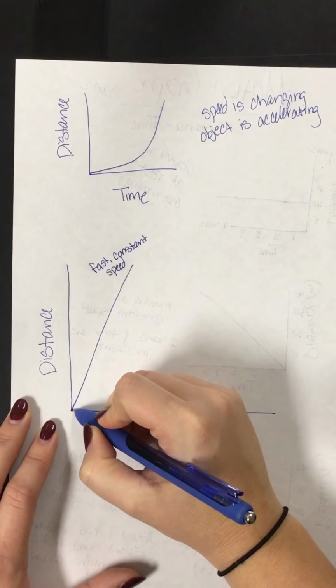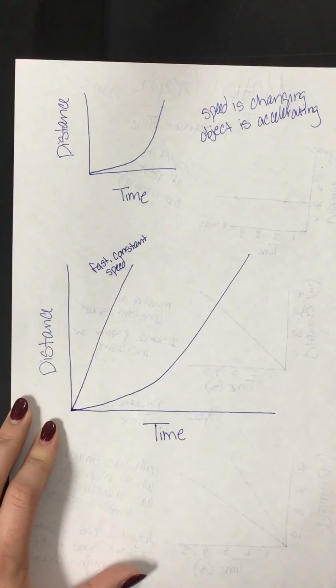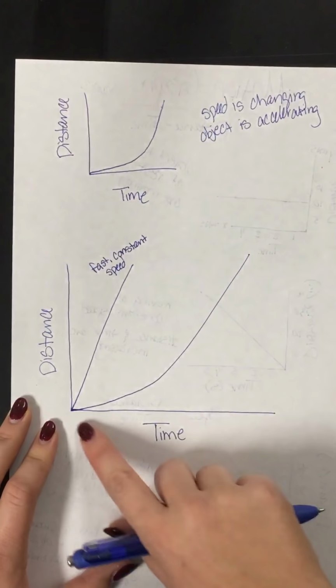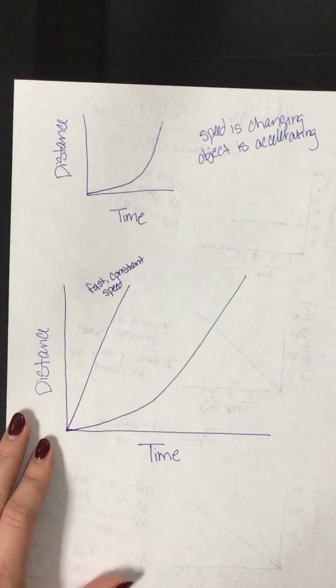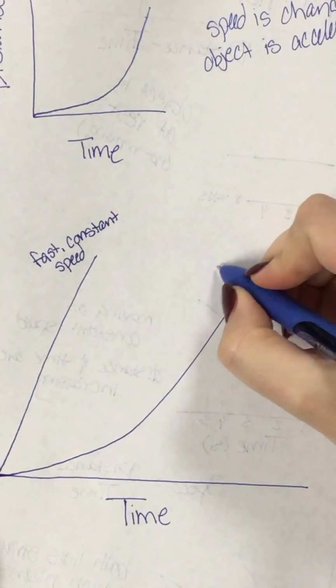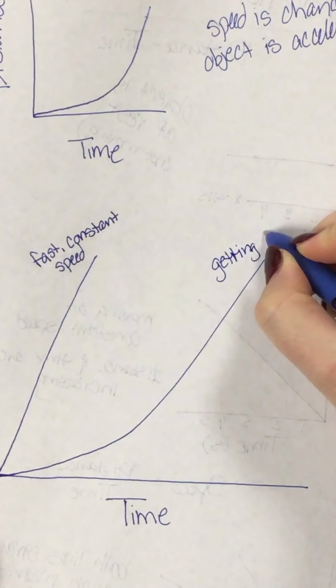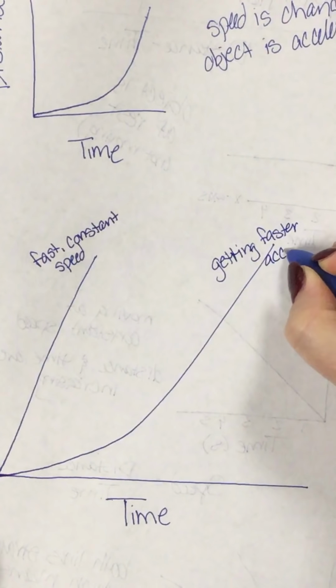Then let's add a curved line. So we remember that a straight line means constant. A curved line, like what we just looked at, shows acceleration. So this line shows an object getting faster. So this one is accelerating.